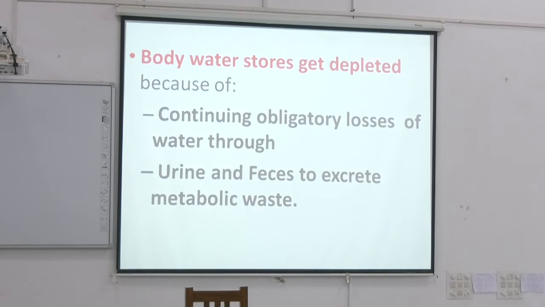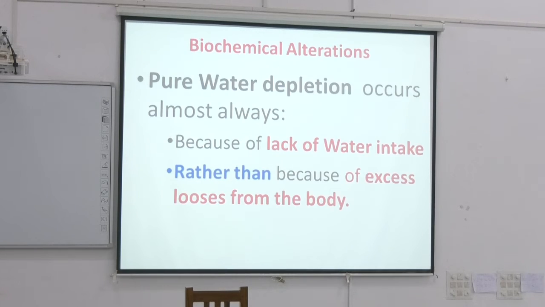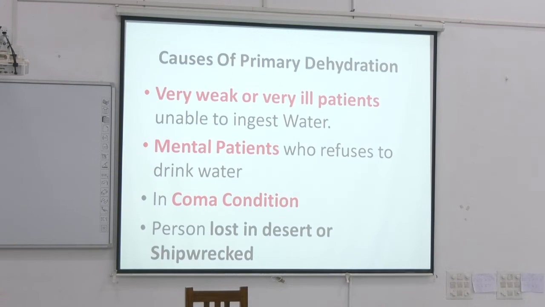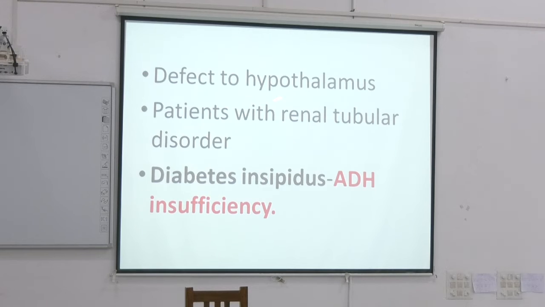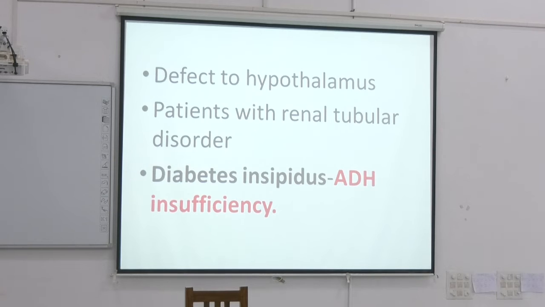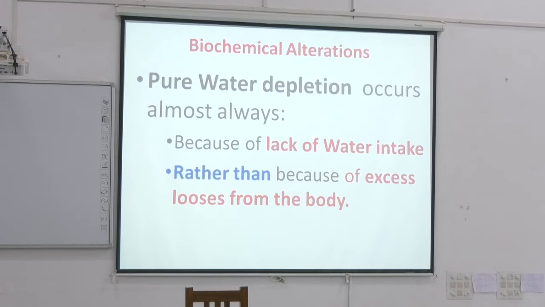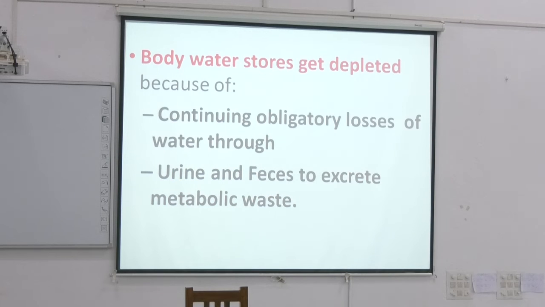Body water stores get depleted. Even if a person has a very serious illness or a hypothalamic defect, the obligatory processes continue: the person regularly urinates and passes feces, so there is a loss of water, which causes a deficient condition of water inside the body.